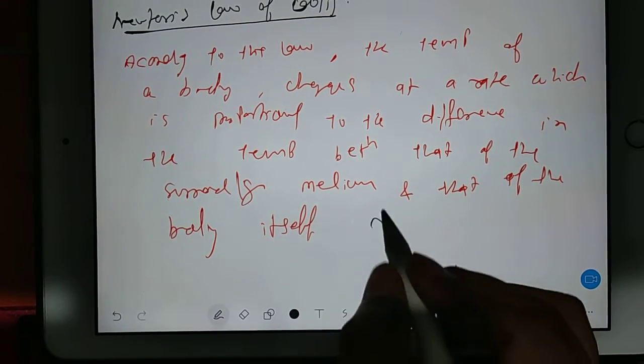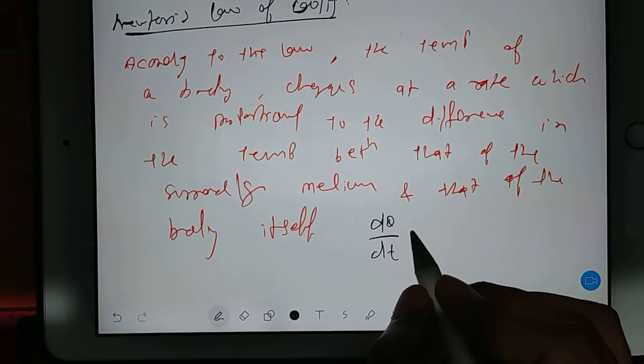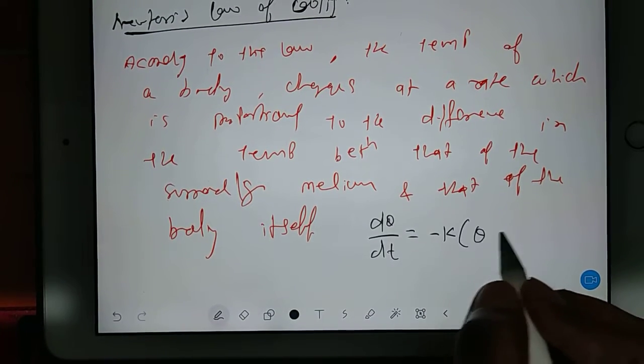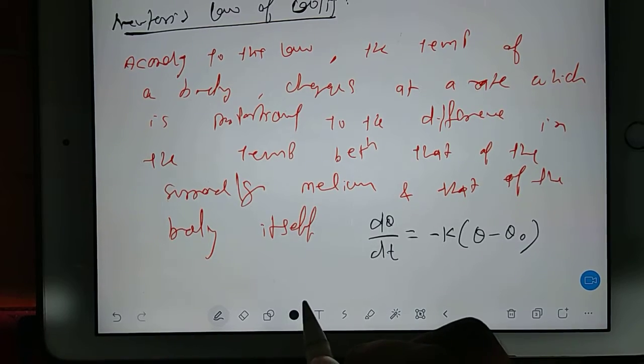The equation looks like d theta by dt is equal to minus k times theta minus theta naught.